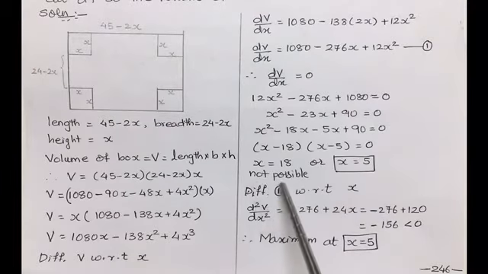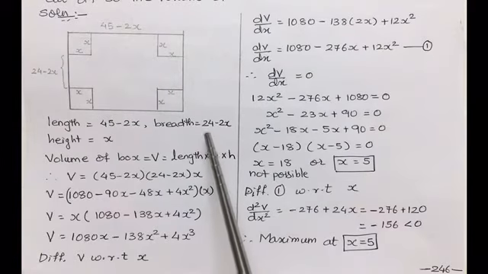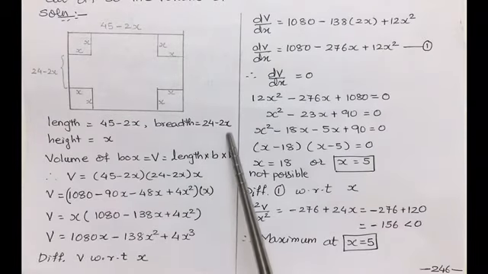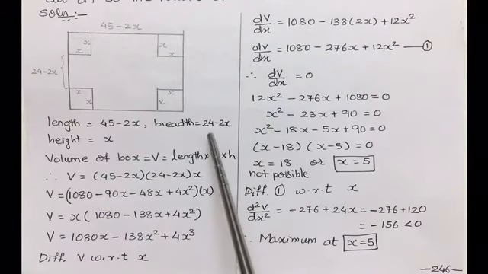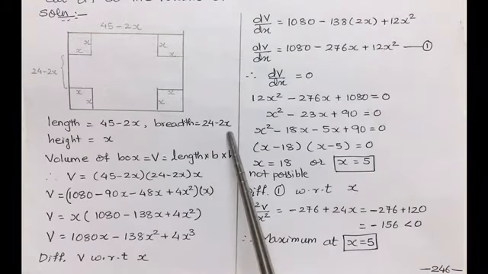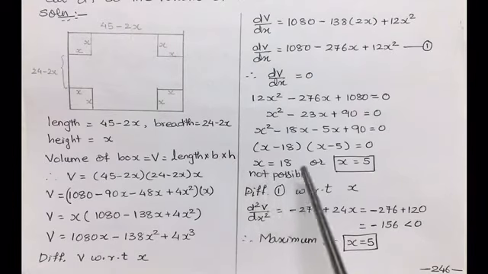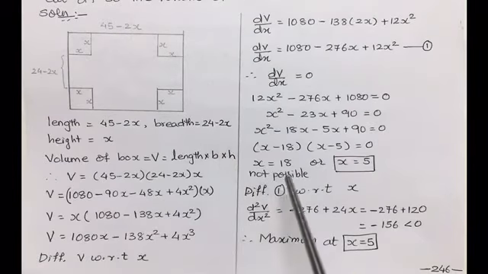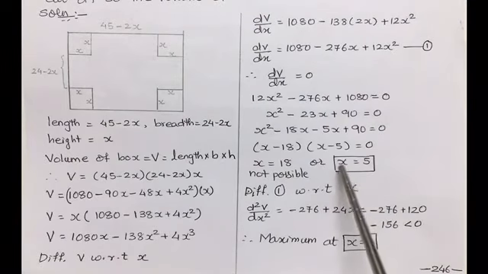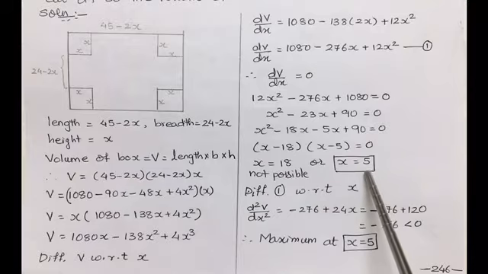But x equal to 18 is not possible, because if we keep in breadth the value of x as 18, then it becomes 24 minus 36, which gives a negative value. So as it gives a negative value, x equal to 18 is not possible. So x equal to 5 is a possible value.